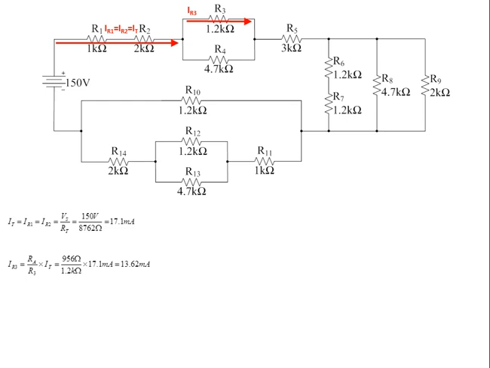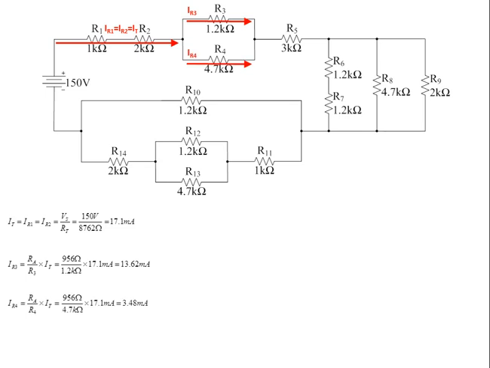So we're going to put that over the resistance of the branch that we want to calculate the current through and multiply it by the total current that flows into this node as shown, and this will give us a current of 13.62 milliamps.